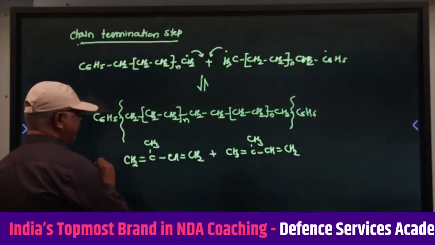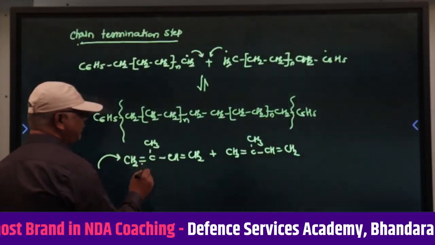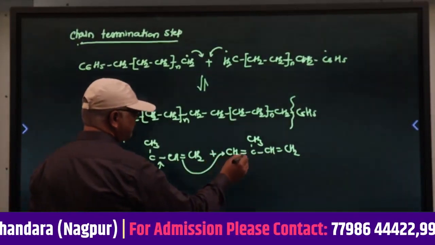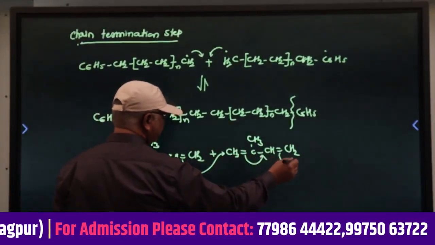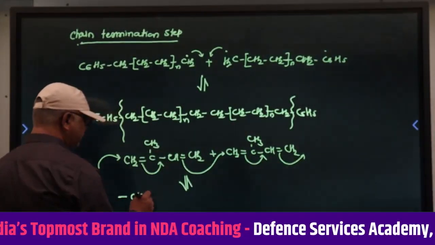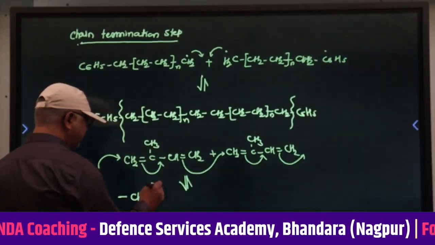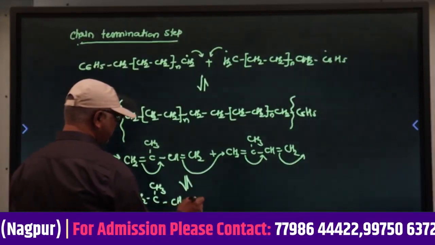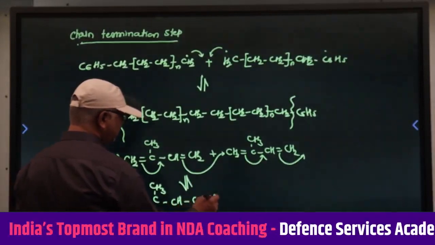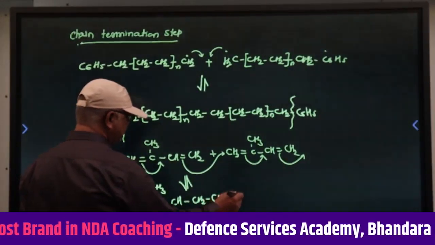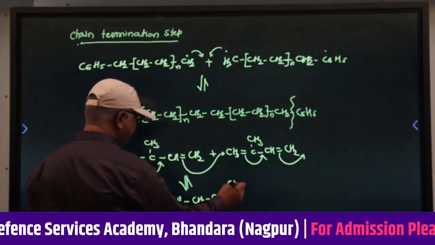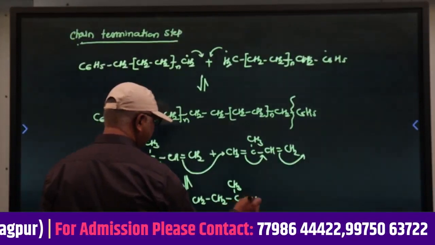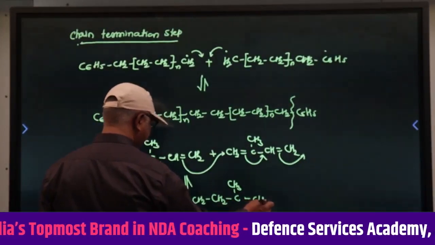When anyone attacks, this bond moves here, this bond moves like this. CH2 single bond C CH3, CH single bond CH2 single bond CH2 single bond C CH3 double bond, and here single bond CH2.